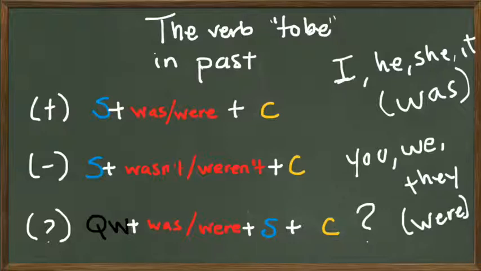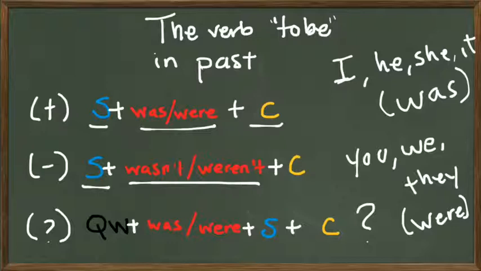Alright, and then our formula in affirmative is subject, was or were, depending on the person we are referring to, and our complement if it's necessary. Normally, in this case, the complement is always necessary. Then our negative form would be our subject, wasn't or weren't, or was not or were not, and our complement.